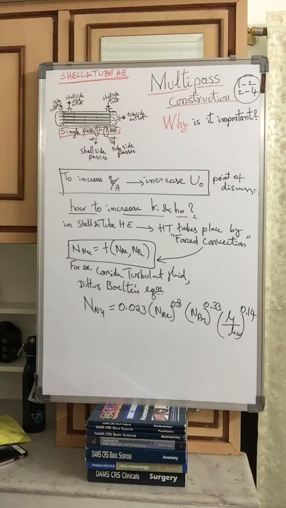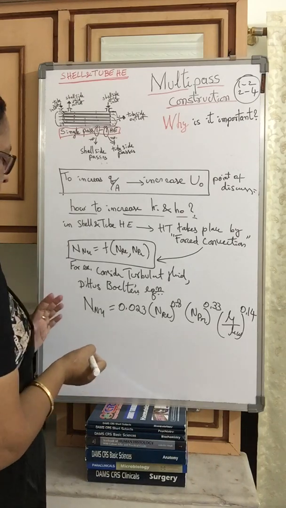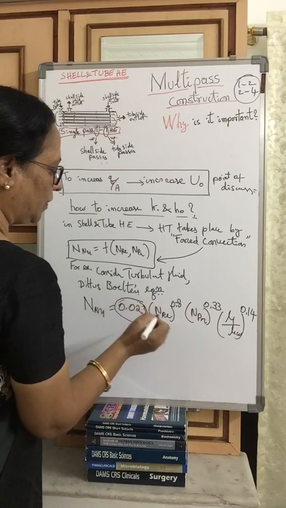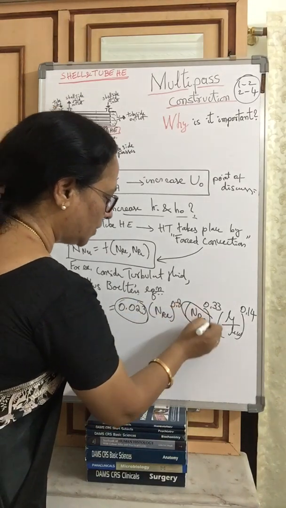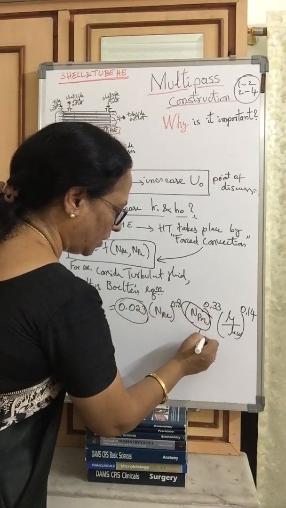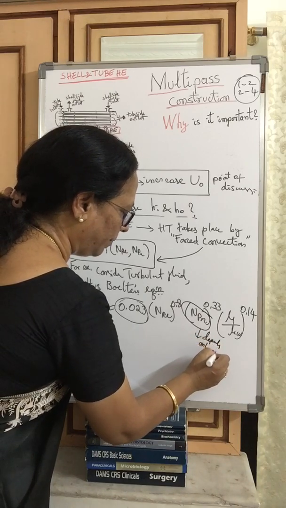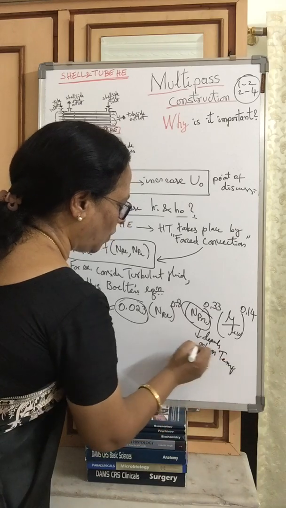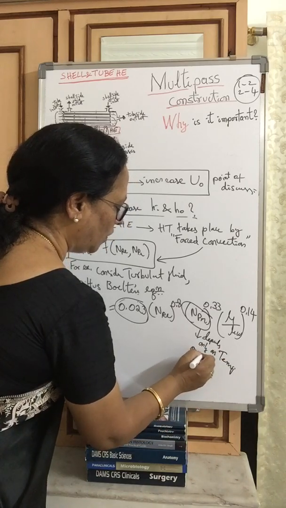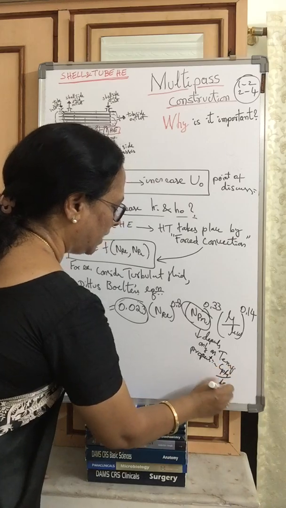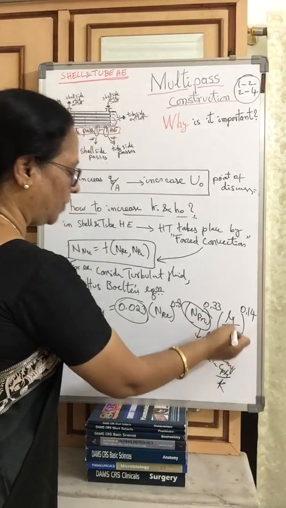Now 0.023 is constant, and Pr is also constant. It depends only on temperatures, because Pr is only properties, Cp mu by K.